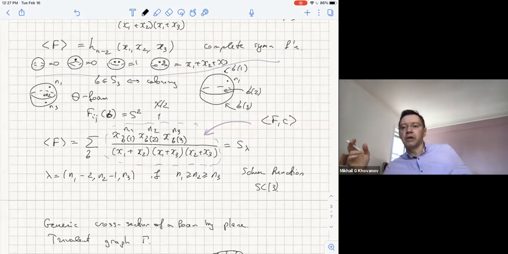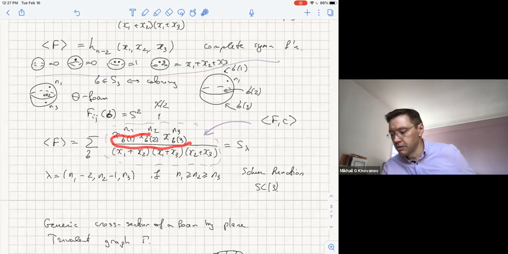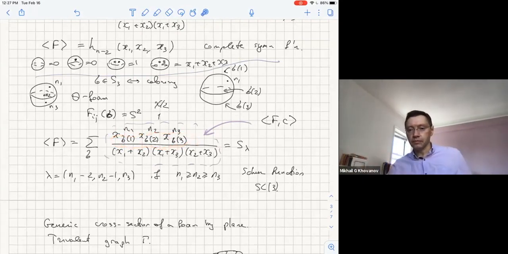So the exponents are n1, n2, and 3, but the indices change with the permutation.